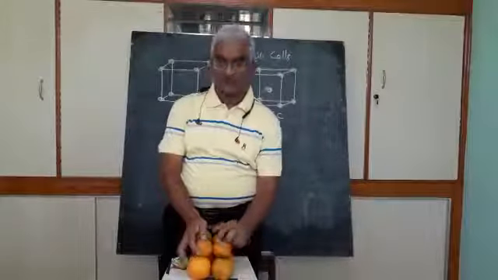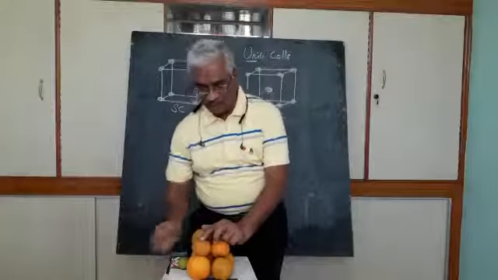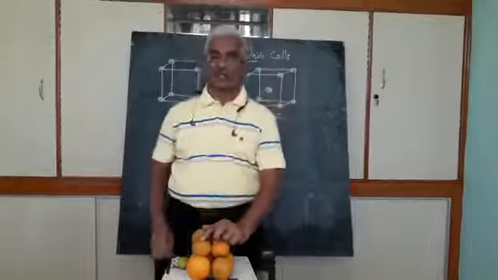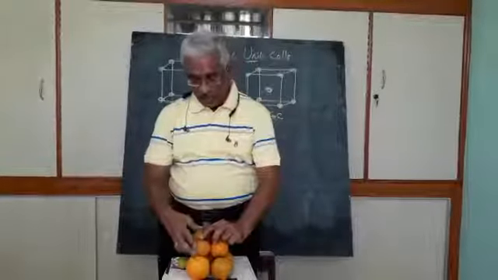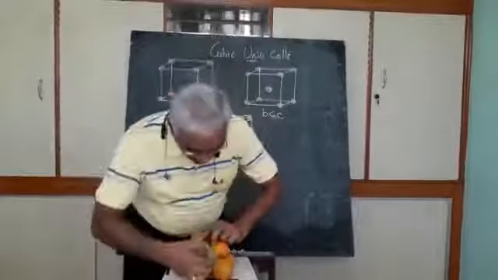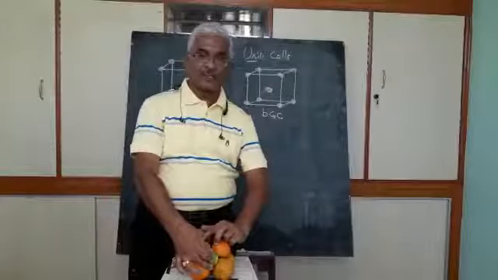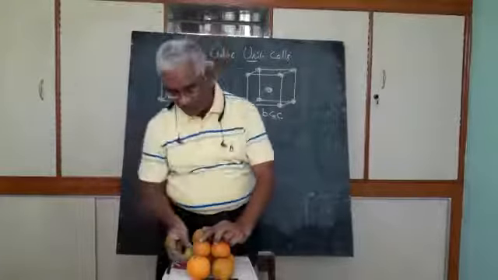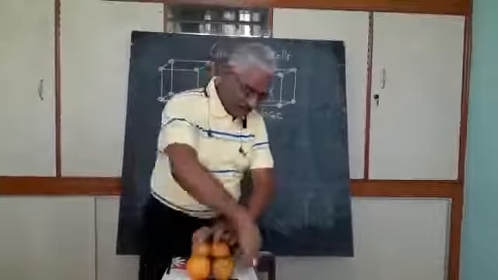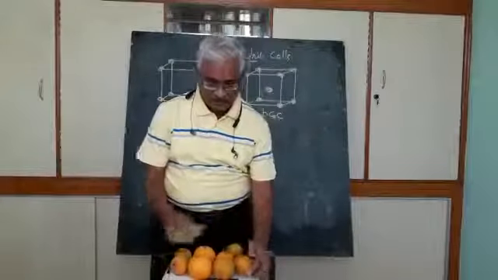Where are the faces? This is the front face, back face, right face, left face, and bottom. 6 faces are there. Now atoms are present in the center of the face. That means 6 atoms can be accommodated at the face centers. So this can be represented like this.